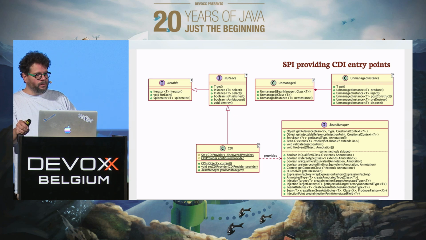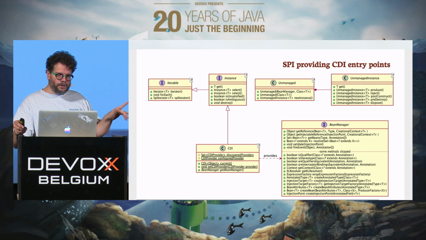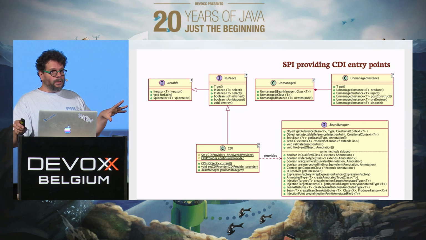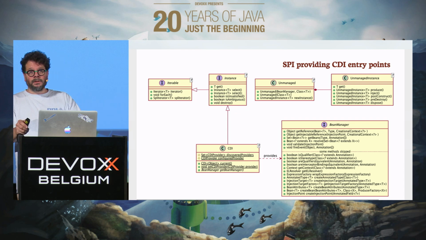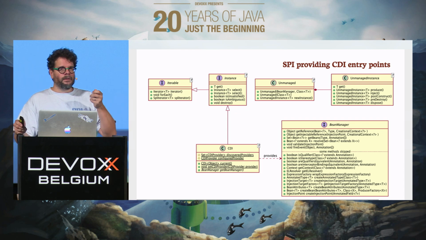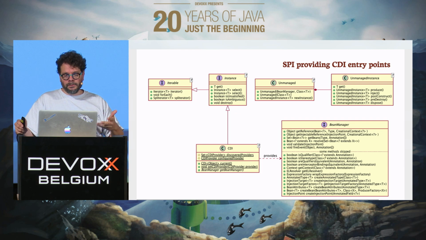So they're very convenient. You also have the Unmanaged class, allowing you to take a class that is not a CDI bean but has @Inject annotations and trigger injection in this class. It can be used to add injection to a non-CDI class or a class that is managed by another container, for instance.